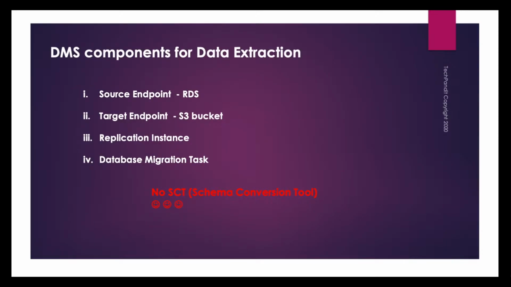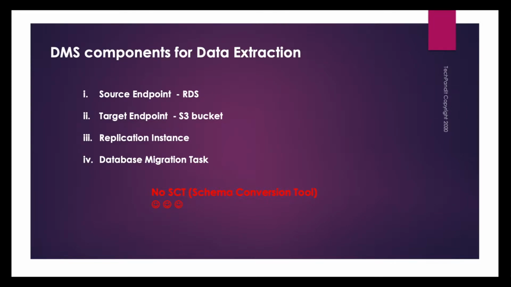So the DMS components on a high level, we are going to create, there are 4 different components. So we are going to create source endpoint. So source endpoint in DMS is a component which actually specify which types of source and what is the source. So we are going to specify here the PostgreSQL details.